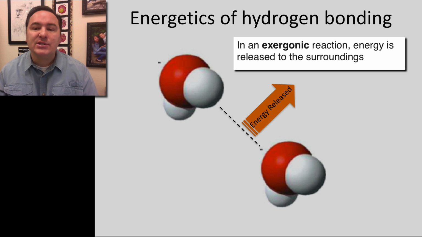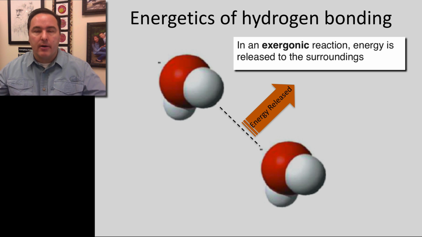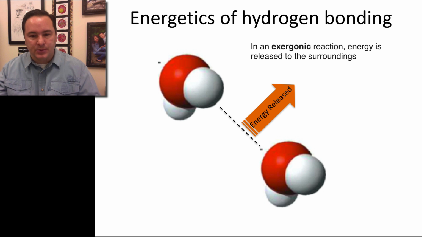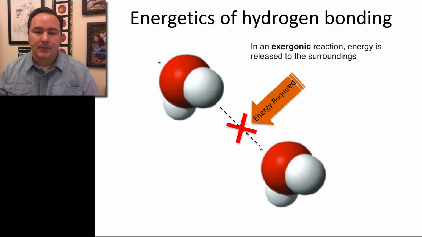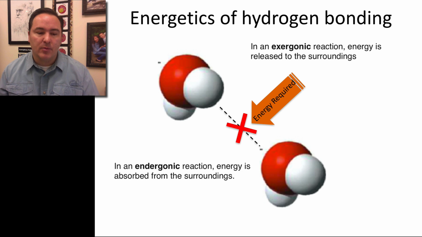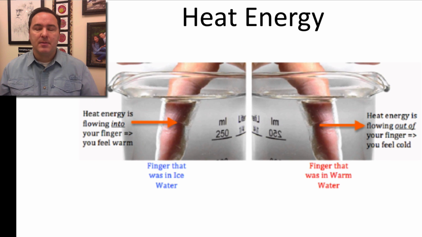We call this an exergonic reaction, where the net energy is released from this reaction. The breaking of the bond of two water molecules requires a little bit of energy. It's not energetically favorable, and this is what we call an endergonic reaction, where energy must be absorbed from the surroundings.